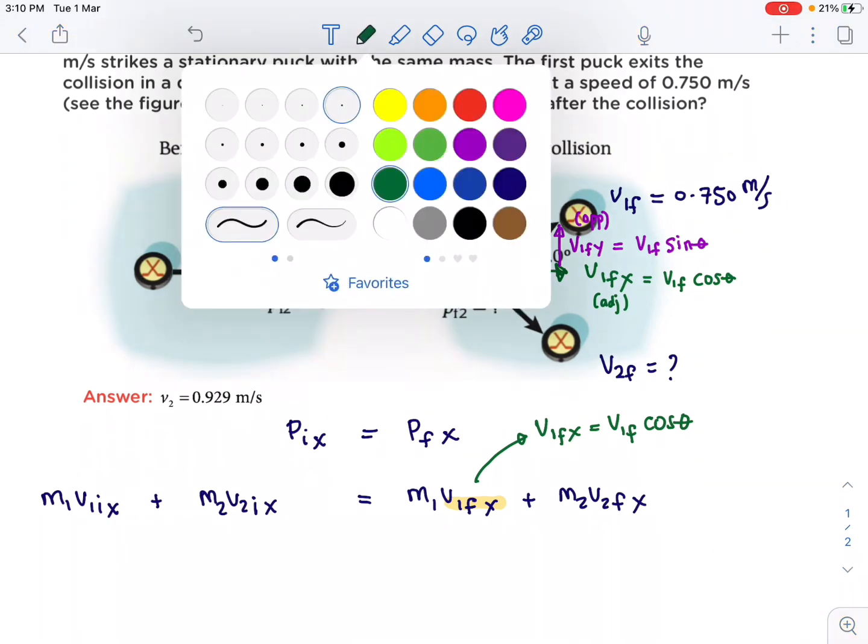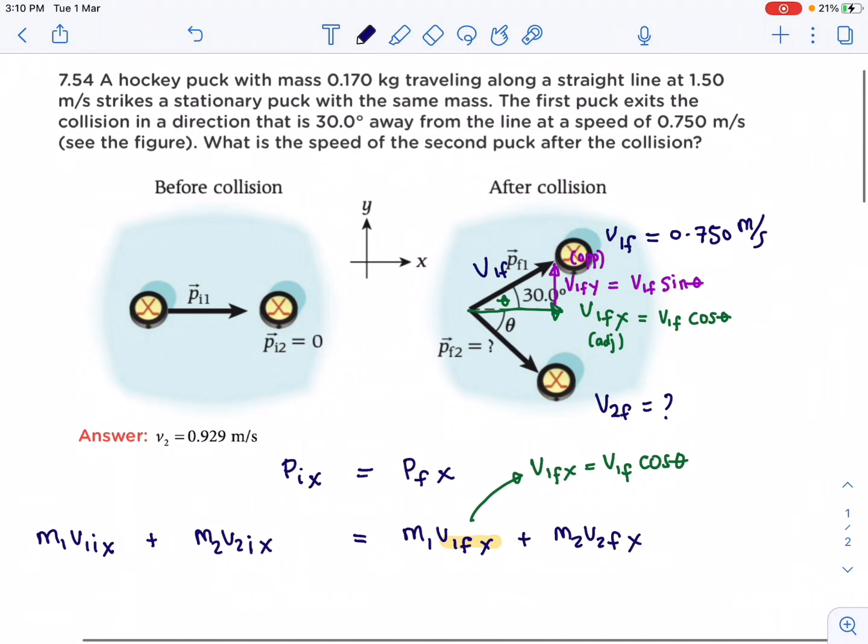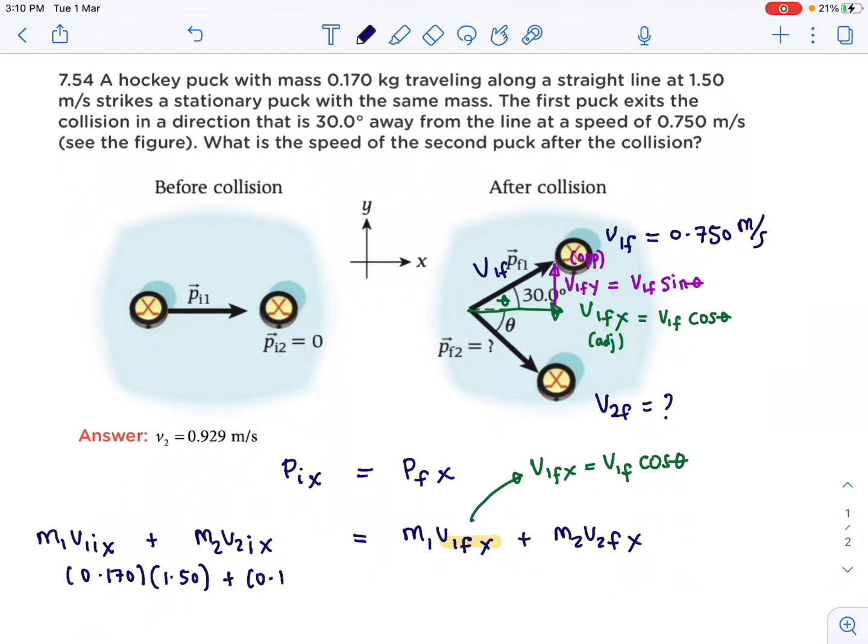We have m1, the mass of the puck, which is 0.170, multiplied by the initial velocity. The initial velocity of this puck right here is 1.50 meters per second. So I will have 1.50 meters per second plus m2, which is 0.170. And since m2, which is this object right here, is stationary, its initial velocity, whether on the x component or the y component, is just equal to 0. It's not moving.